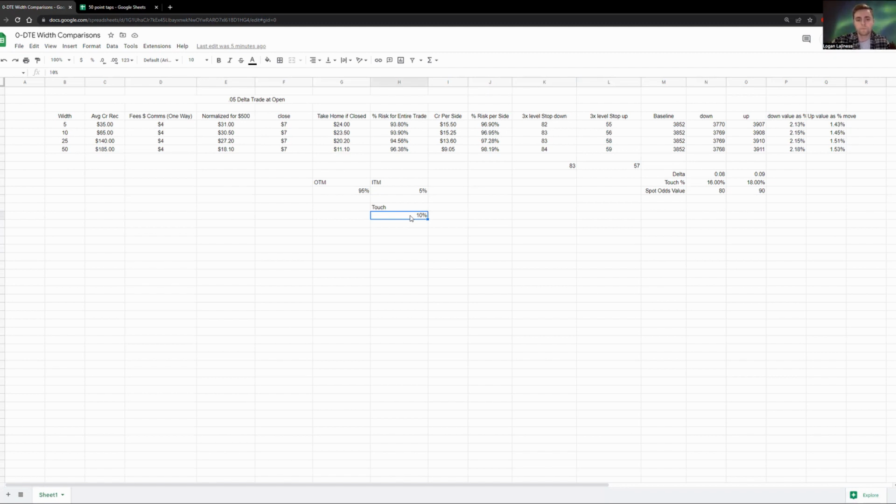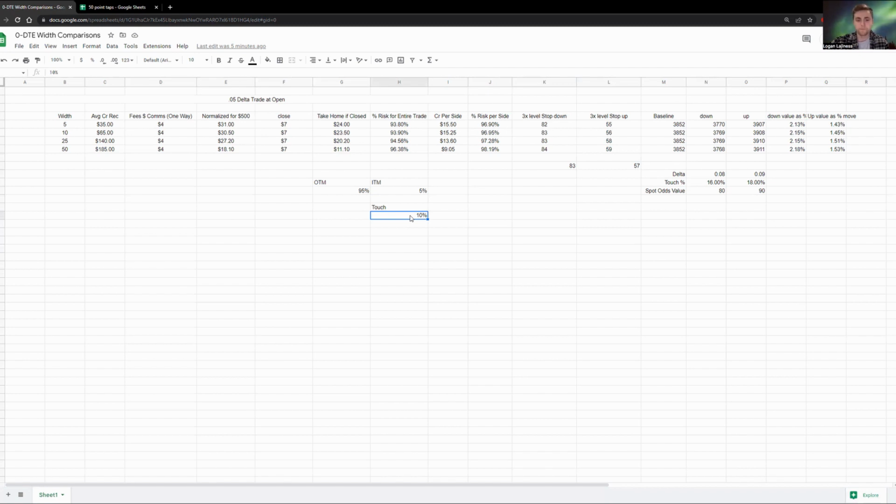Give yourself a little more buffer room and still collect a credit without widening. If you take a stop, you're out two times what you got credit for. Because if you got in for 35 and you stop out at 3x, which is 105, you've lost $70, period. And if you stop out 3 or 4 days in a row, it starts to really add up.